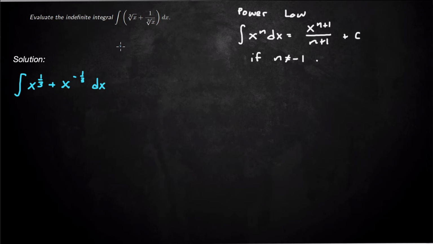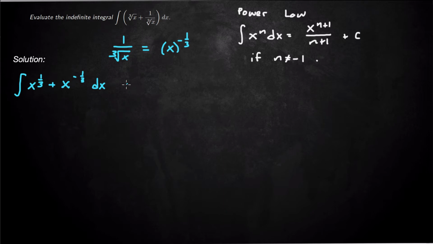Because 1 over the cube root of x is actually just x to the negative 1/3. The cube root of x is x to the 1/3. It's in the denominator, so if we move it to the numerator, it becomes negative 1/3 right there.